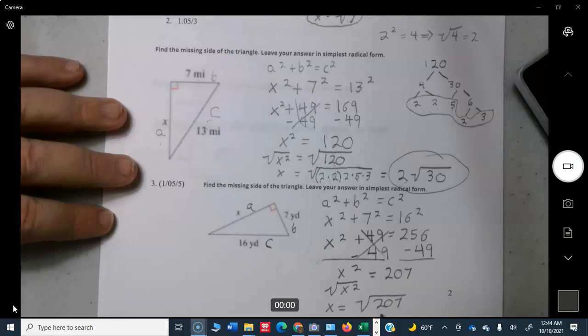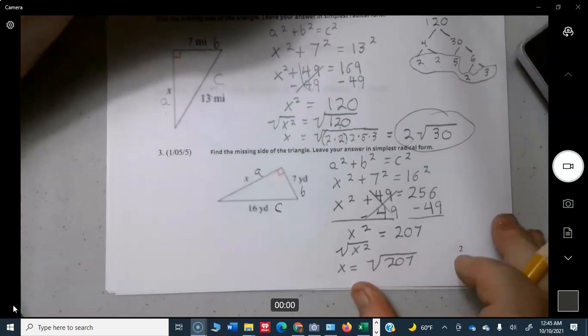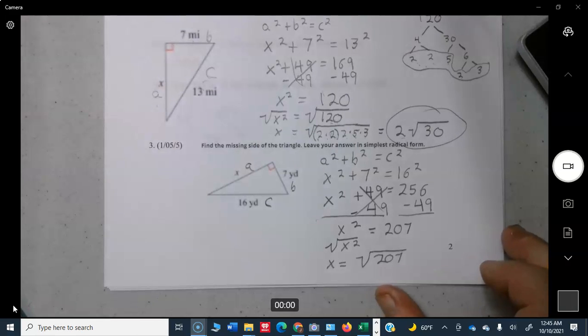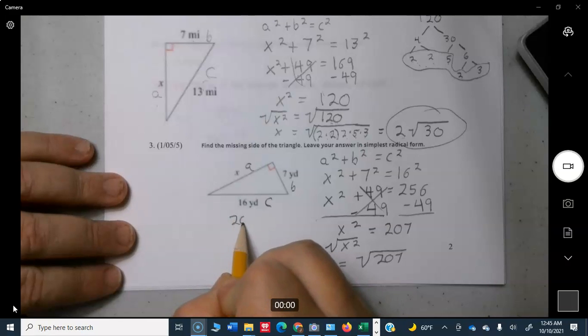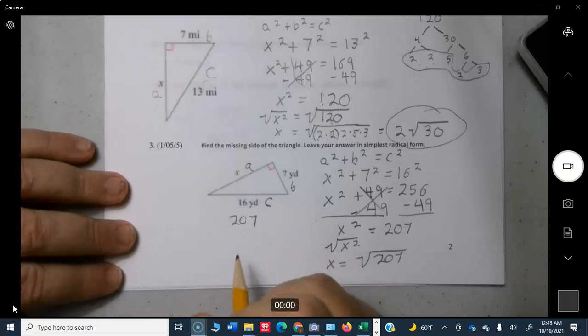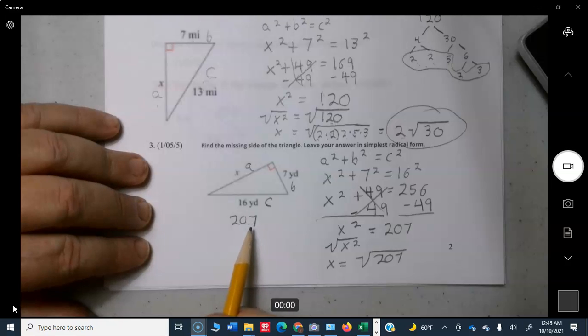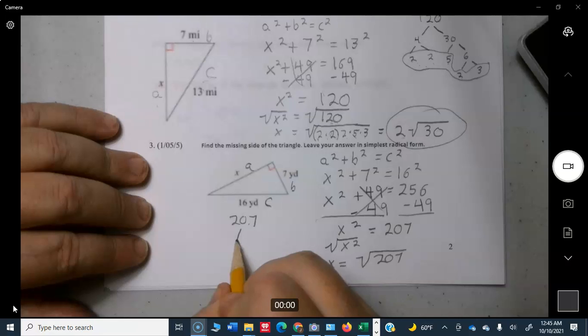Now, does it have any factors? Can you break it down? You can. So let's go over here and do it. 207. 3 goes into 207. You know that 2 doesn't go into it because it's an odd number. But 3 does. 3 goes in 29 times.